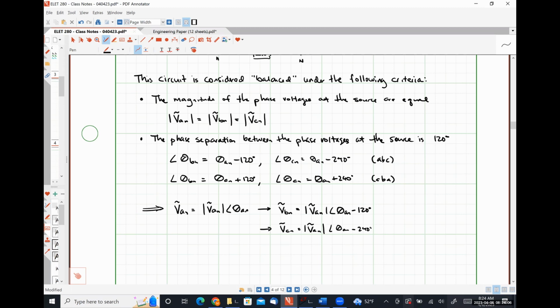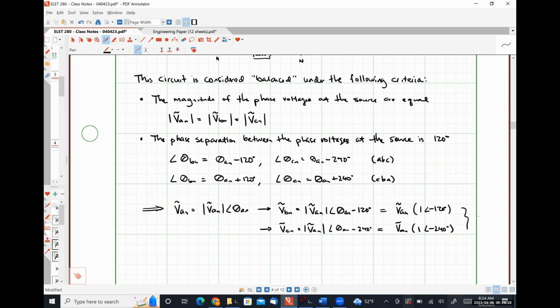Meaning that VBN is simply VAN multiplied by 1 angle negative 120 degrees, and VCN is VAN multiplied by 1 angle negative 240 degrees.